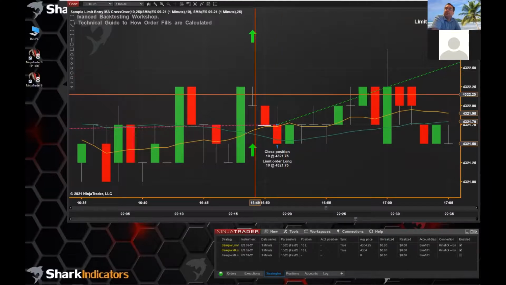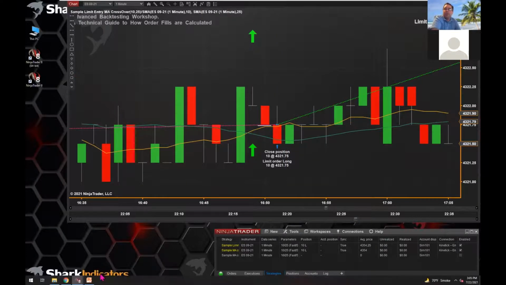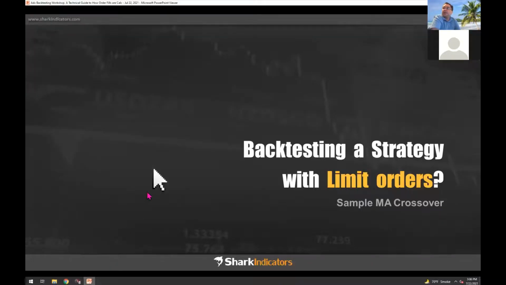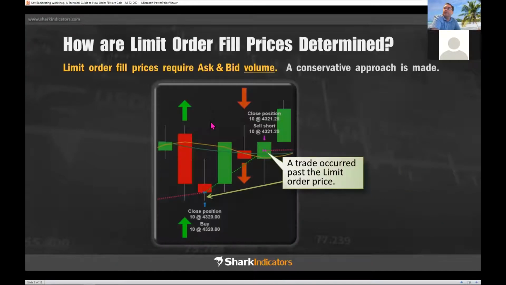All right, so let's go back to the PowerPoint here and look at the details of this, or take a summary. For a limit order to be considered filled, because the bid and ask data is missing, and most notably for limit orders, the volume is missing.